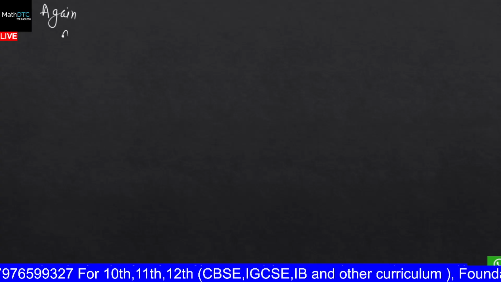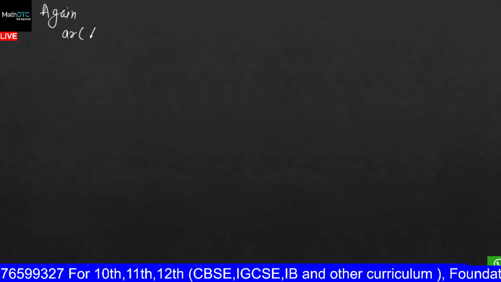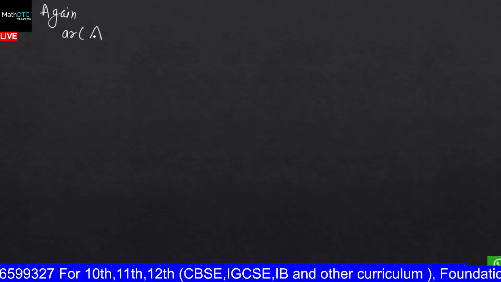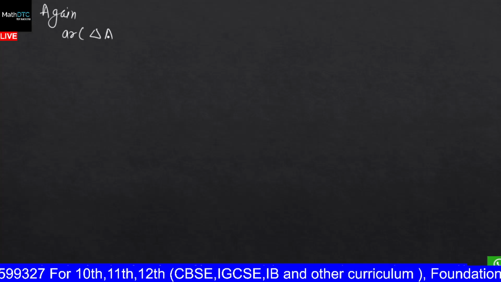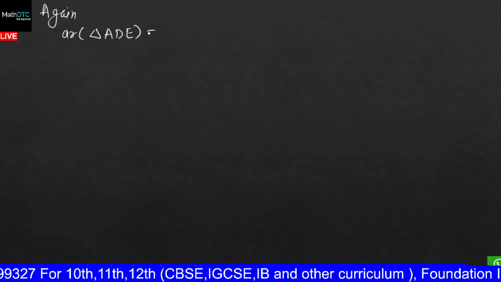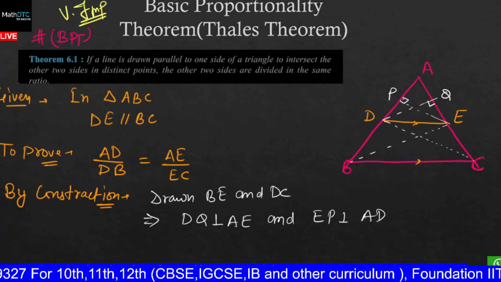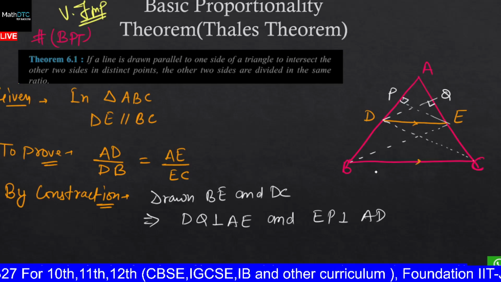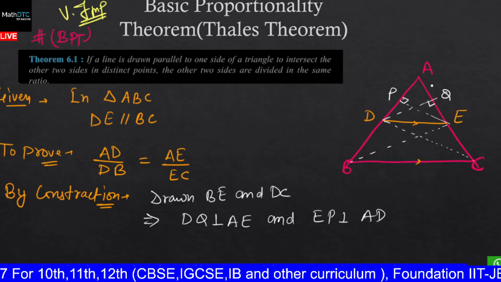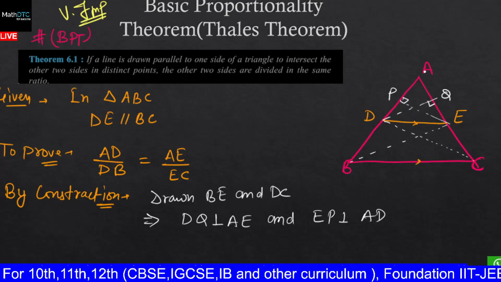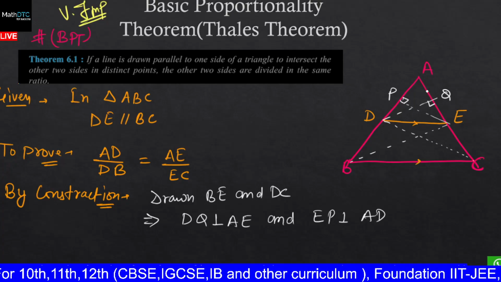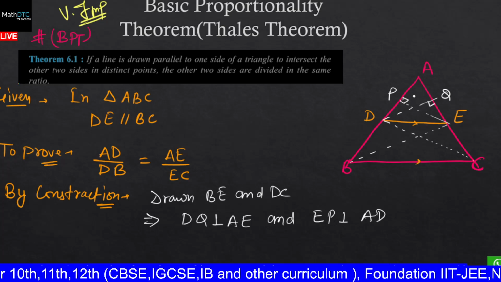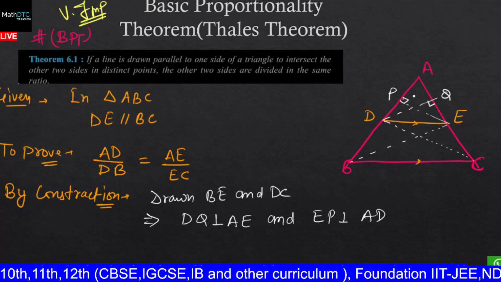Again, we are going to discuss the area of triangle ADE. What is the area of triangle ADE? This time we discuss the area of triangle ADE again, but we need to change the base and height.